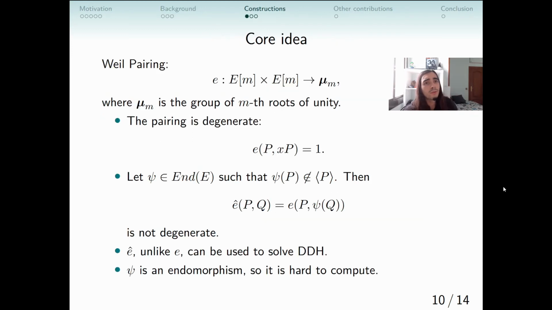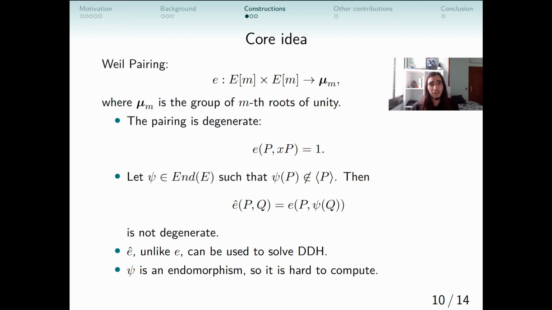So moving on now to the core idea of this paper, let's consider the Weil pairing, which is a pairing from an elliptic curve to the group of mth roots of unity. And this pairing has a property of being degenerate, which means that if you try to compute the pairing of two things that are collinear, you just get one.